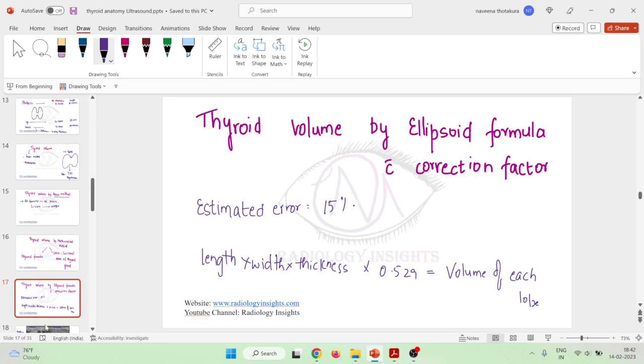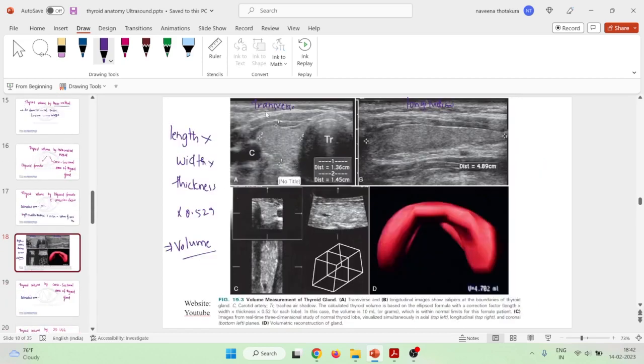As already said, in the transverse view you can calculate the length and width of the thyroid gland, whereas in the longitudinal view you can calculate the thickness. Using the formula length into width into thickness times 0.529 will give us the volume of the thyroid gland. So this is the three-dimensional view of the thyroid gland.